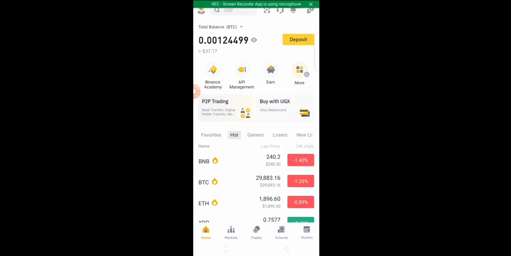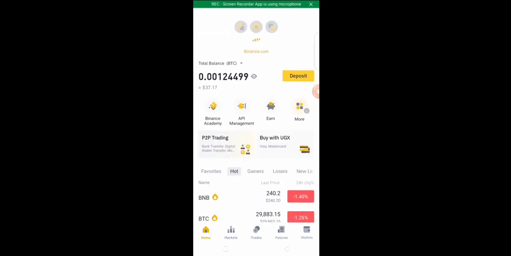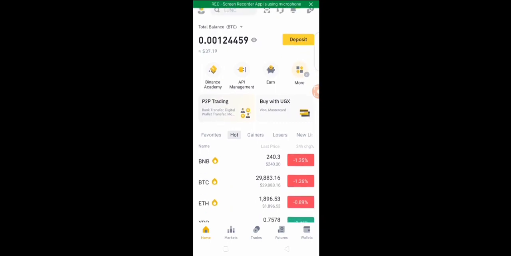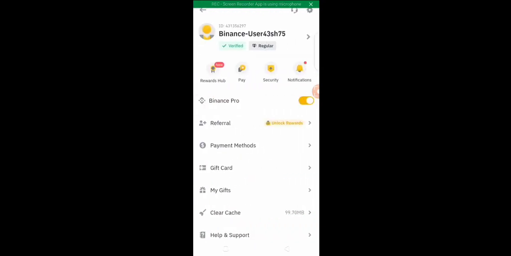You simply go on your Binance. At the home page, you tap the avatar above. When you tap the avatar, there is something which says Binance Pro.